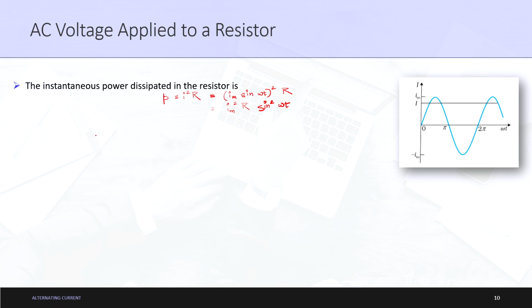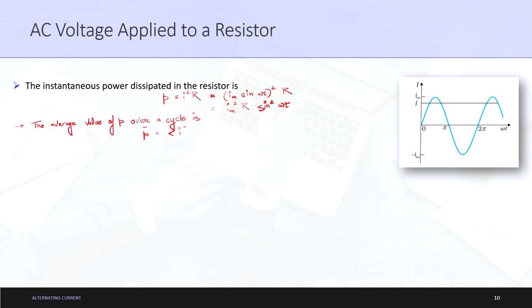Now, let us try to calculate the average value of P over a cycle. Basically the denotation of average value is P bar, which is also equal to, so this is the denotation, this may be new for you.